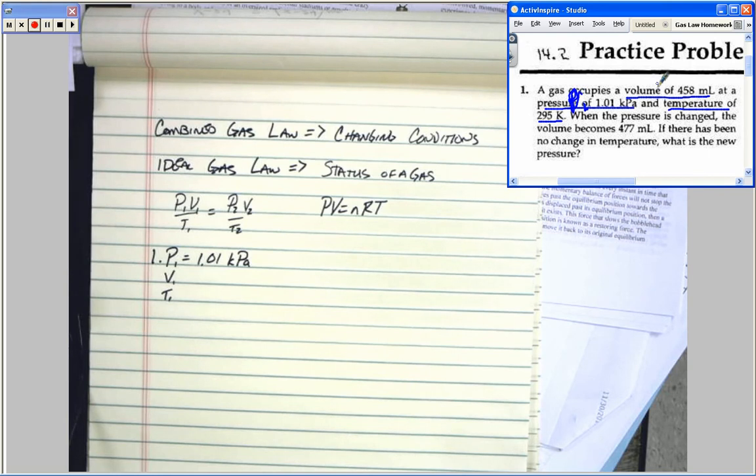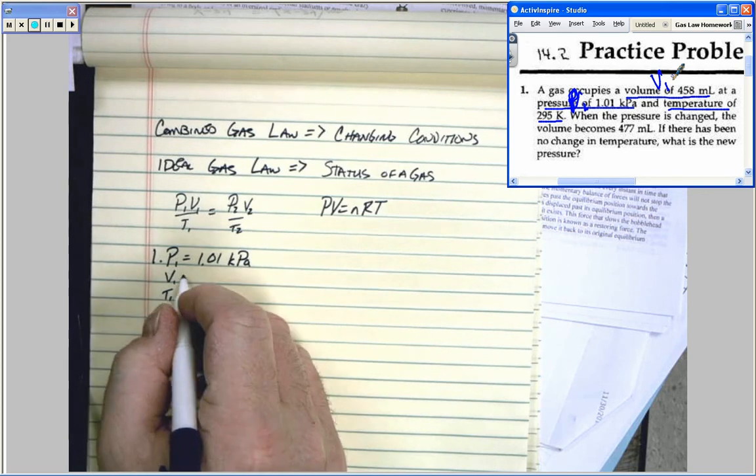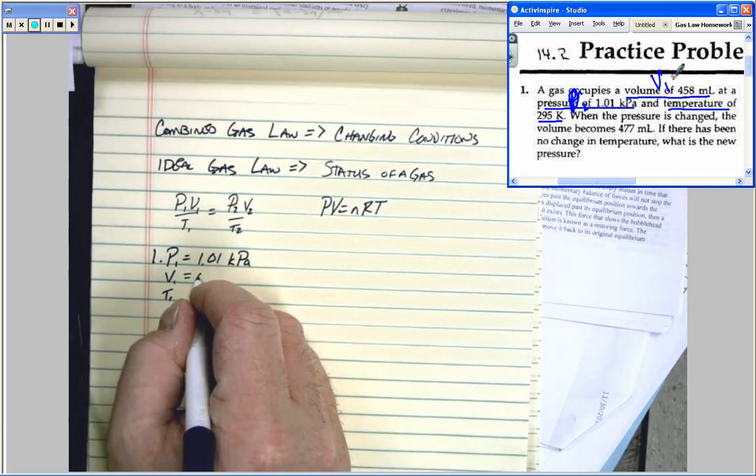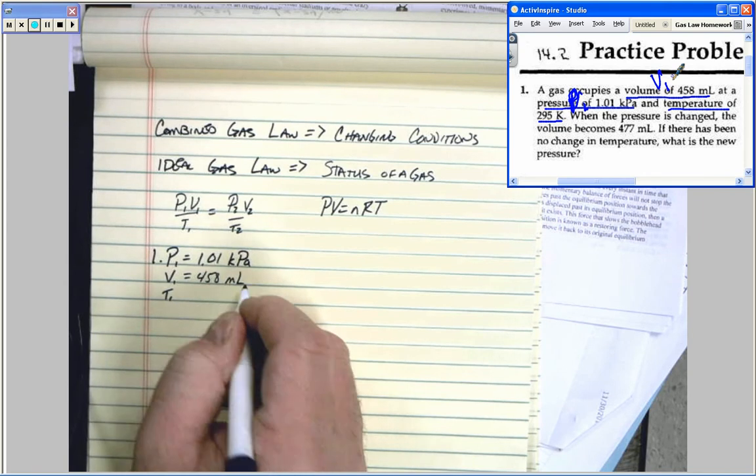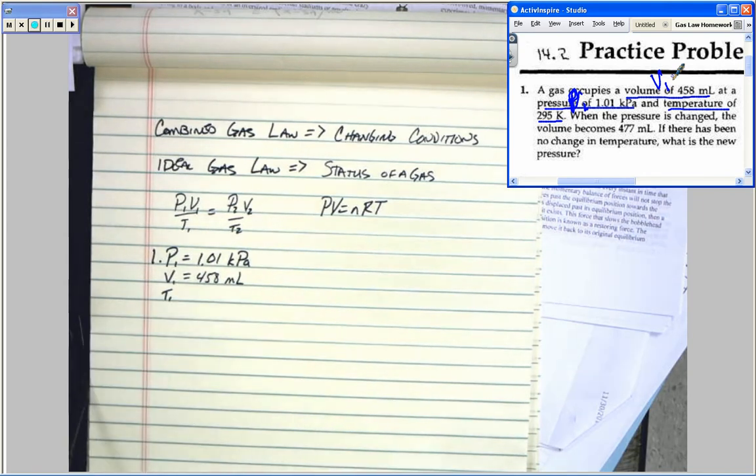This up here is going to be V1. This is where we start. So V1 is going to be 458 milliliters. And then T1, oh, I should not write on my slate with my pen. That would be bad. Okay, and T1 would be 295 K.